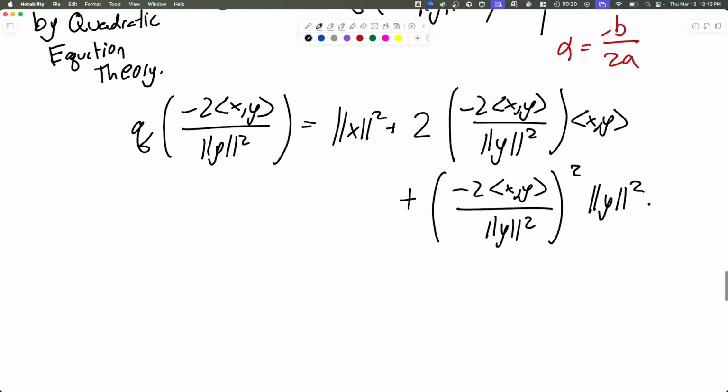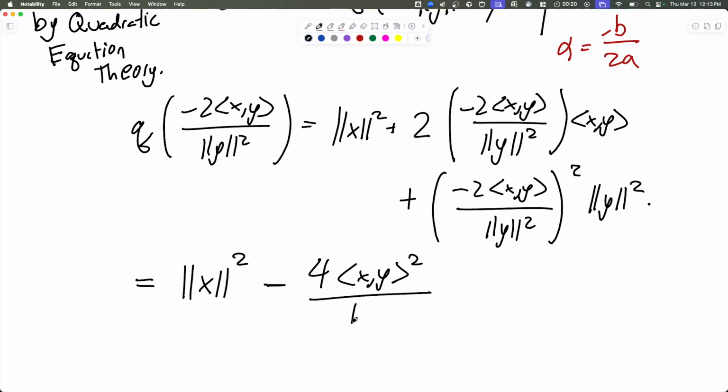Okay, and if you simplify this, this will be the norm of x squared, we got minus 4xy squared divided by the norm of y squared. Over here, we have a plus 4, and we got xy squared over the norm of y squared. So look at this crazy miracle. We have a minus and a plus, and they cancel out.